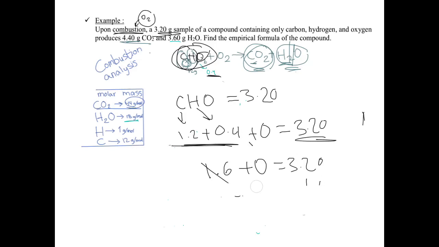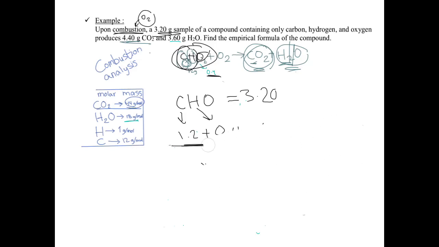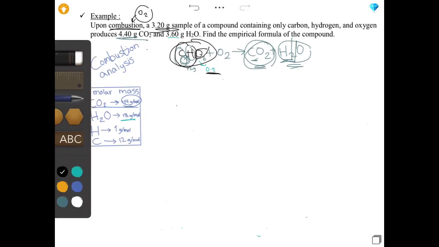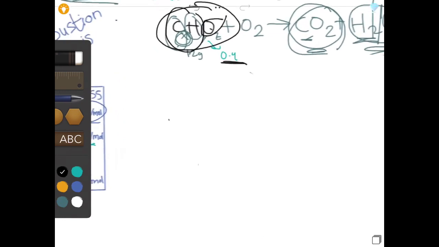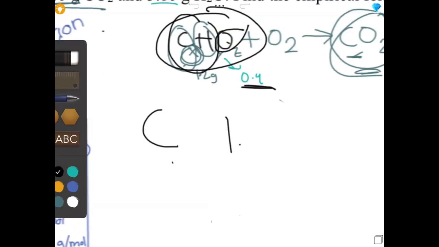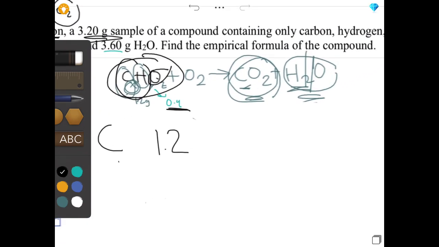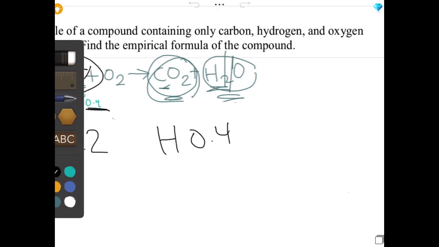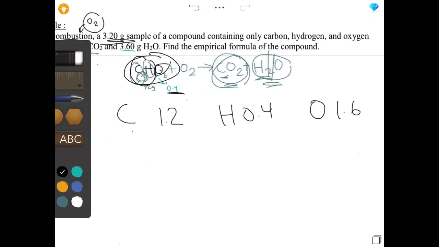Now you have all the masses of each element, and you can find the empirical formula easily. The mass of C is 1.2, the mass of H is 0.4, and the mass of O is 1.6.